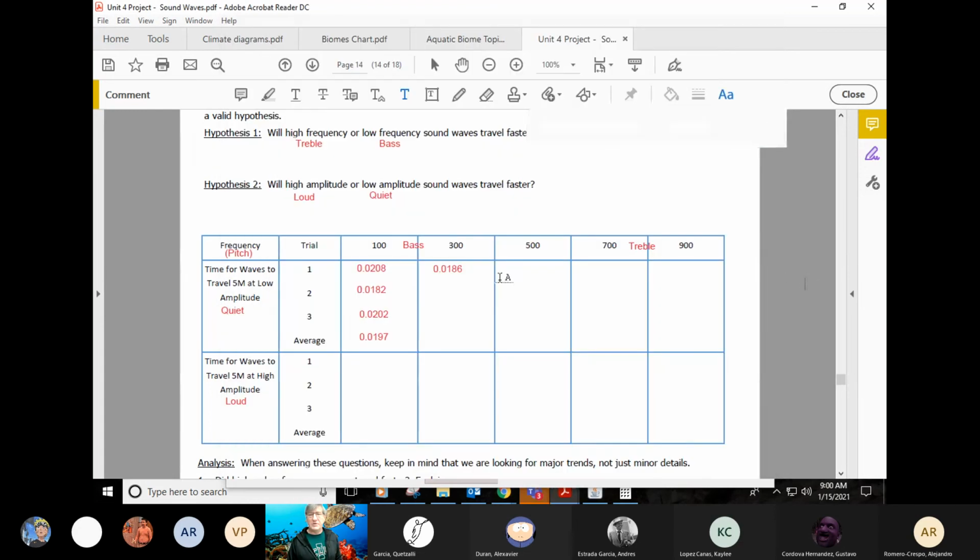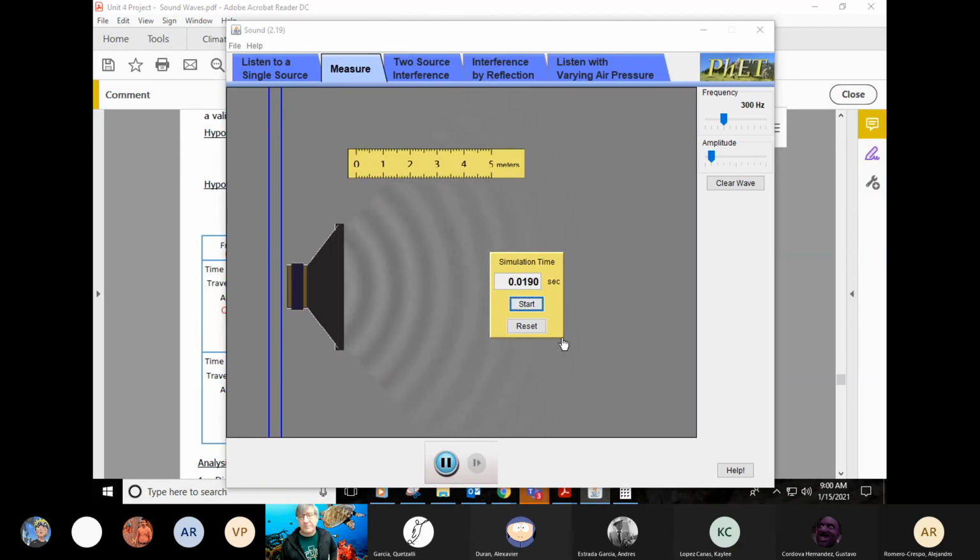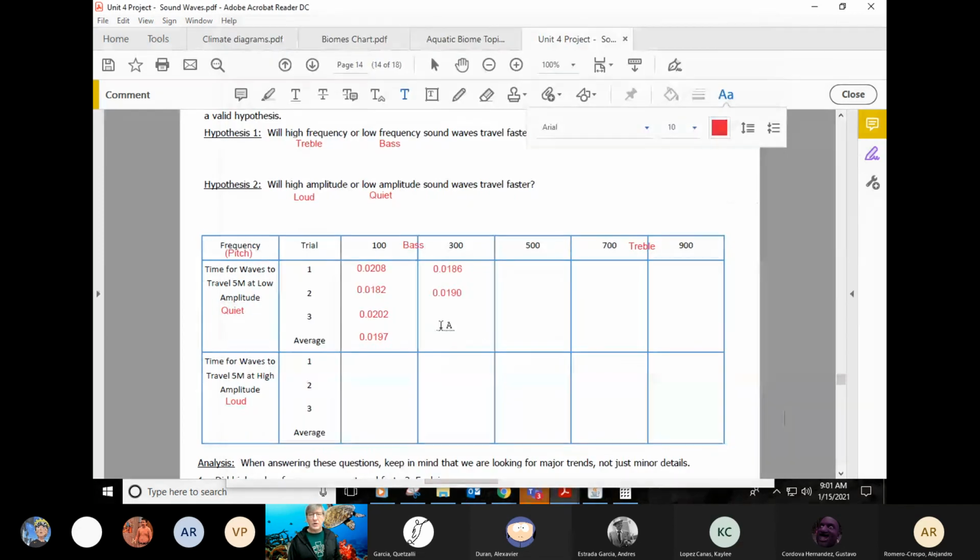Just to make sure you know what I'm talking about, it's going to go down here. It's trial 2 at 300, 0.0190. One more at 300 and quiet, huh? Here we are. And go. 0.0194.